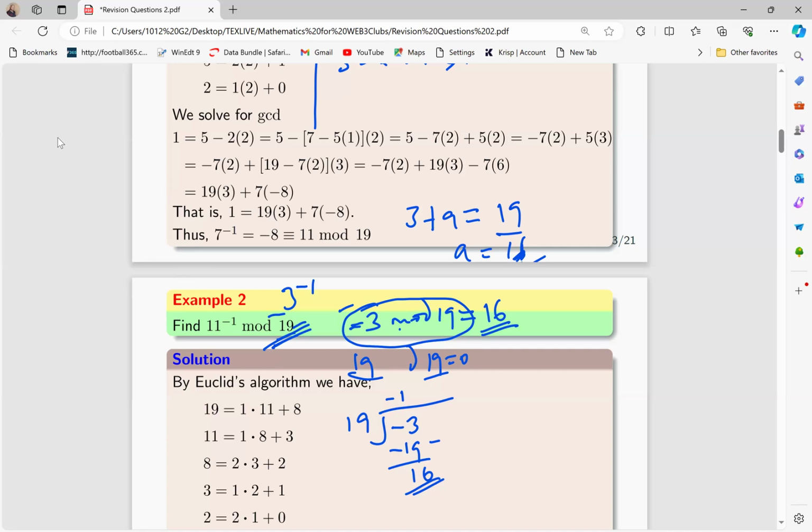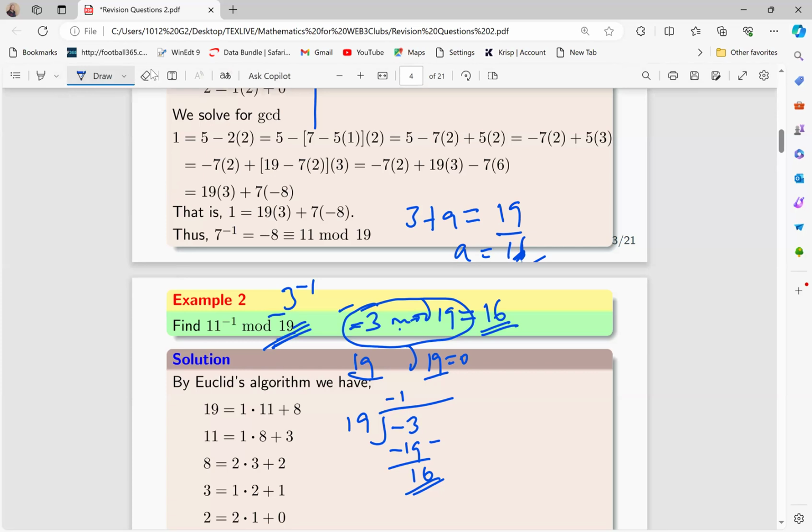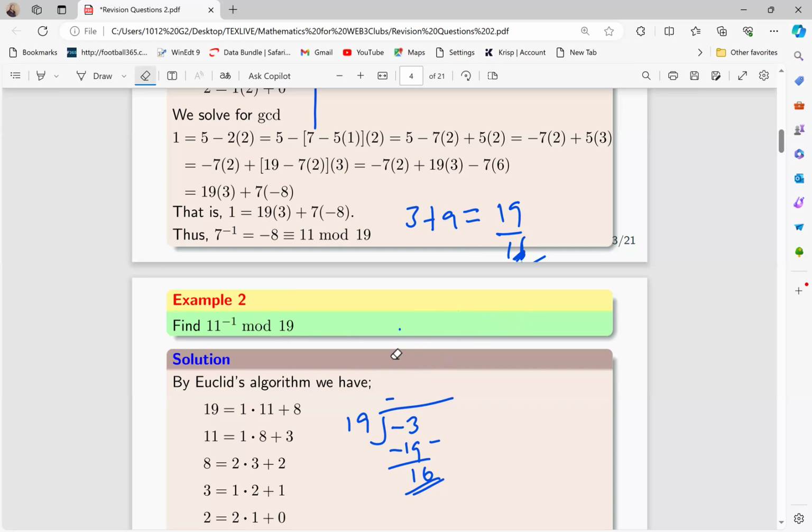What is the inverse of 16 mod 20? Additive inverse. So you just ask, what element, when added to 16, gives you 20?